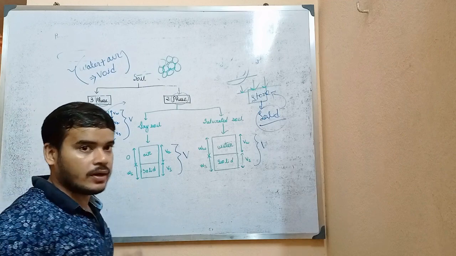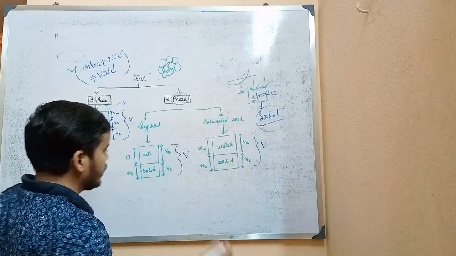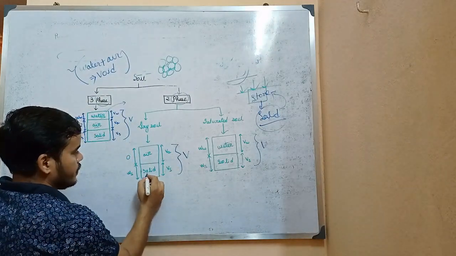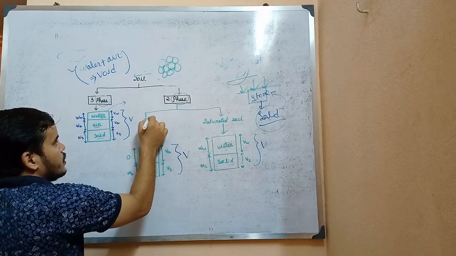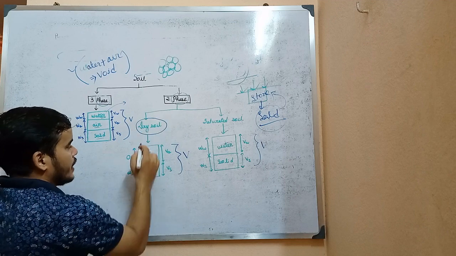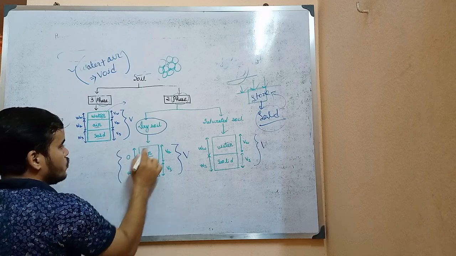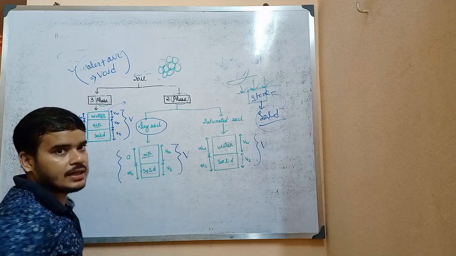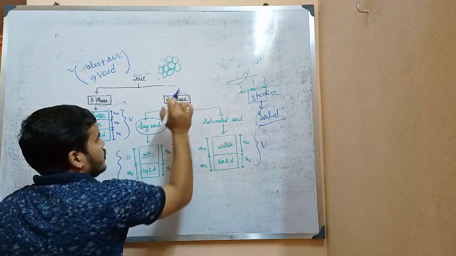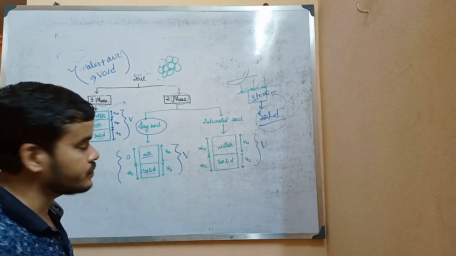So what will be the remaining part in the soil? In the same soil, there will be solid and air. That is called dry soil. As there are only two phases, solid and air, it is called a two-phase system.